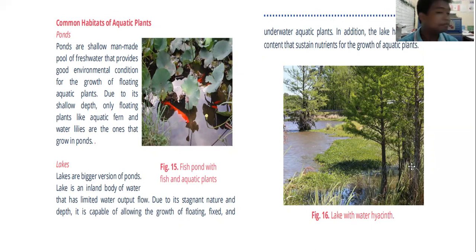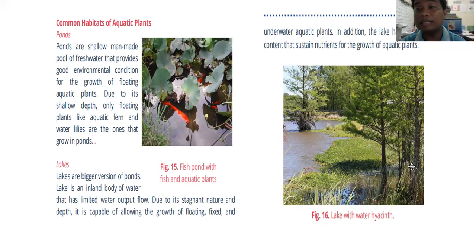Okay, so next we have the lakes. Lakes are a bigger version of ponds. A lake is an inland body of water that has limited water output flow. Due to its stagnant nature and depth, it is capable of allowing the growing of floating, fixed, and underwater aquatic plants.